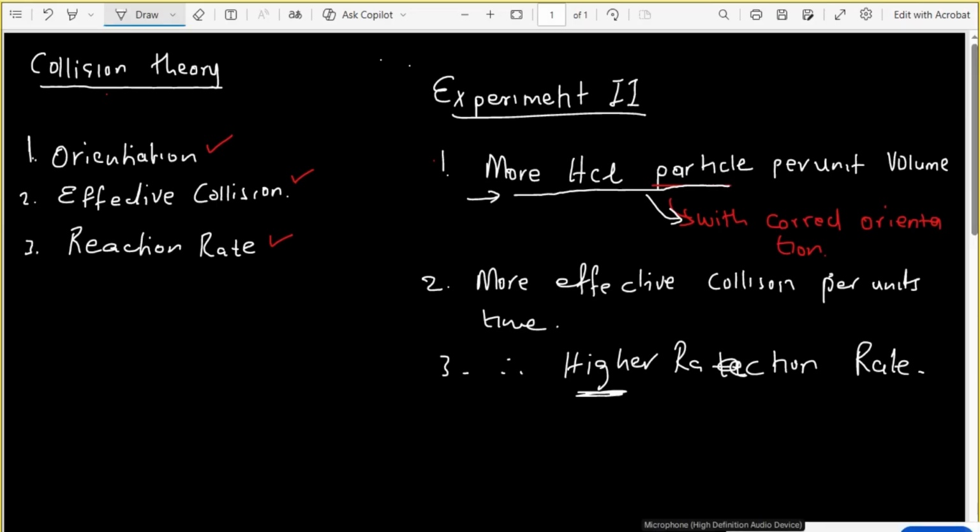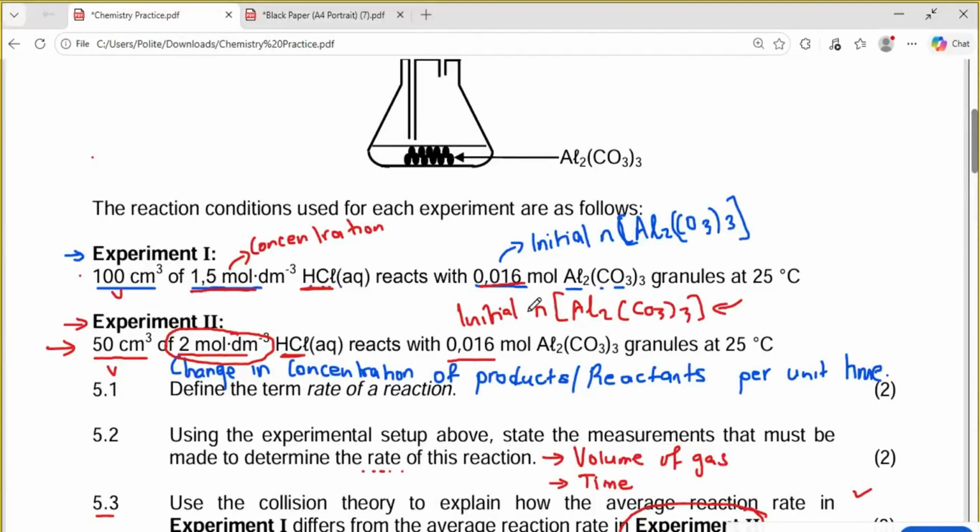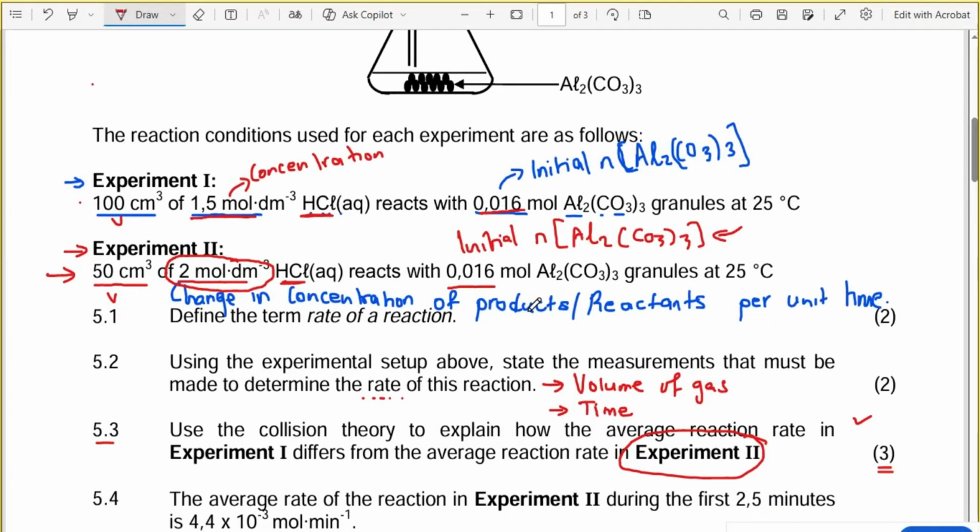Okay, wait, sir. Can you please go back to the question? There's something I want to ask. Here, by experiment 1, is this the same experiment, with the same concentration at the beginning? Or is this two different containers?